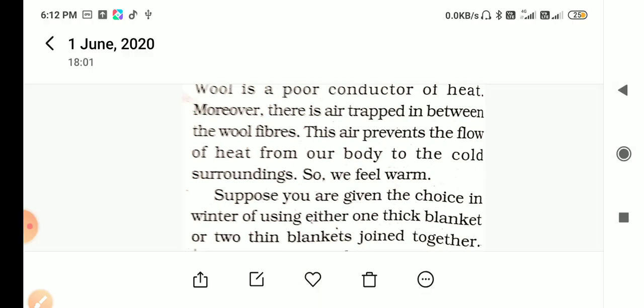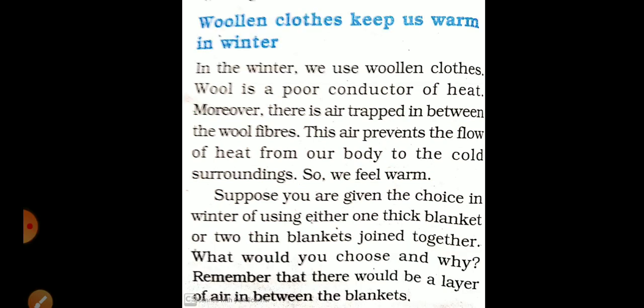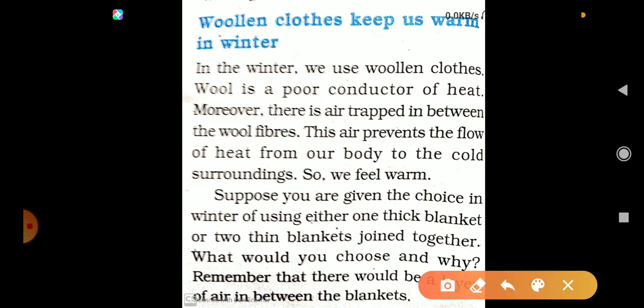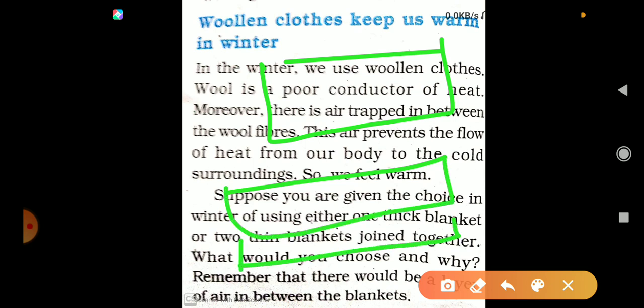Suppose you are given the choice in winter of using either one thick blanket or two thin blankets joined together. Then which will you prefer and why? The answer is that in comparison to the one thick blanket, it is not better, and the better one is two blankets joined together, because in between them there will be a layer of air, and air is a poor conductor.